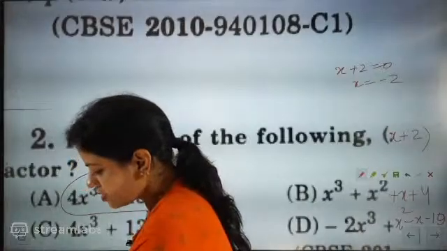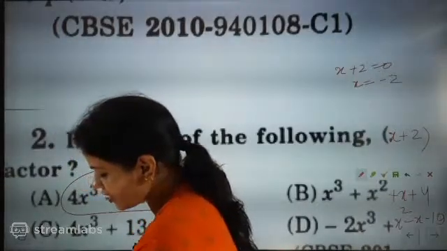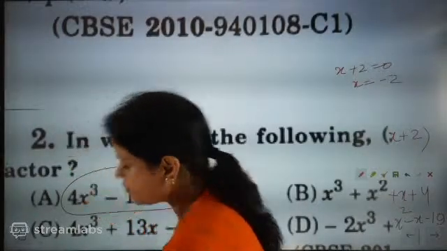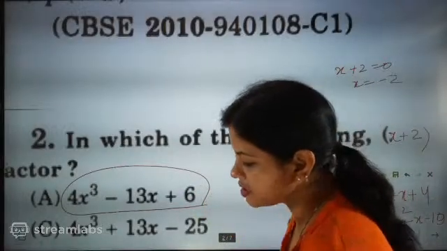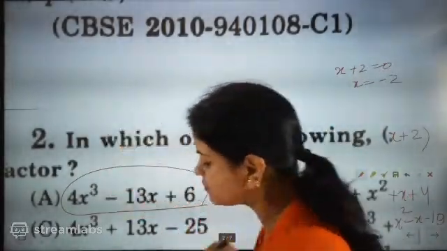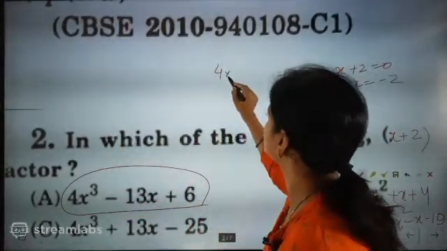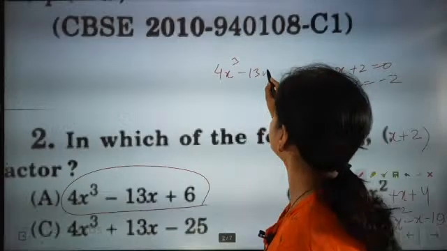Okay. We are going to check whether x plus 2 is a factor of this or not. So we substitute in the second option: 4x cube minus 13x plus 6.